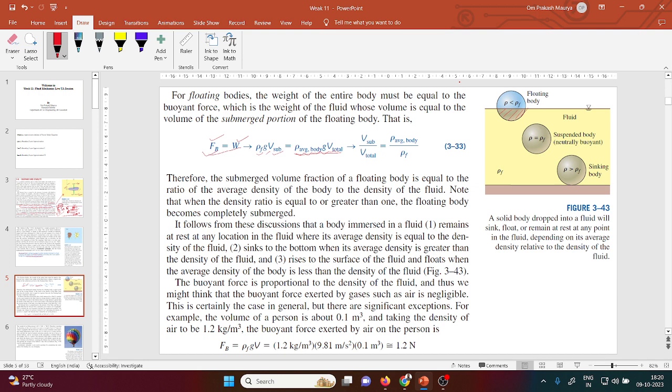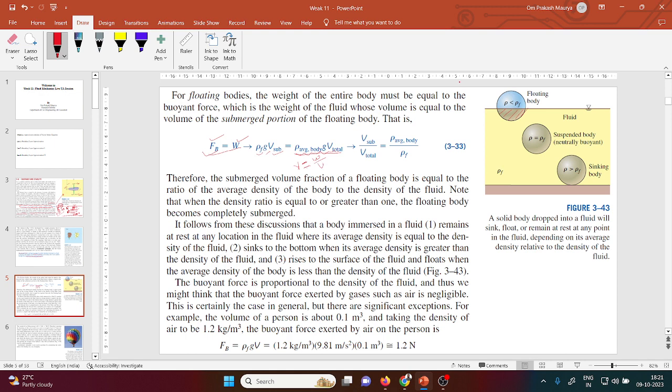How will we calculate the weight? From the formula, the unit weight is equal to weight divided by volume.